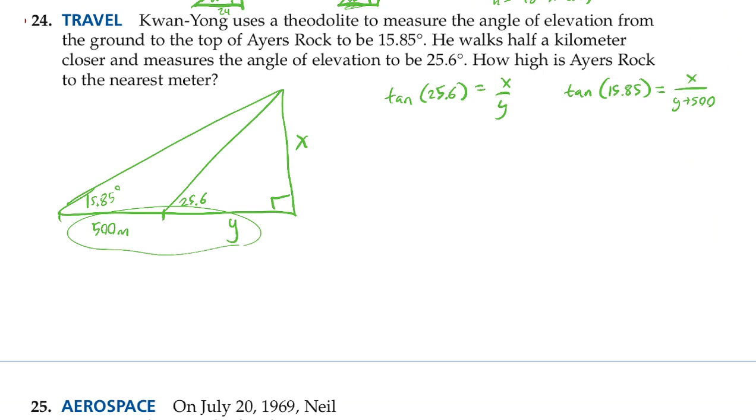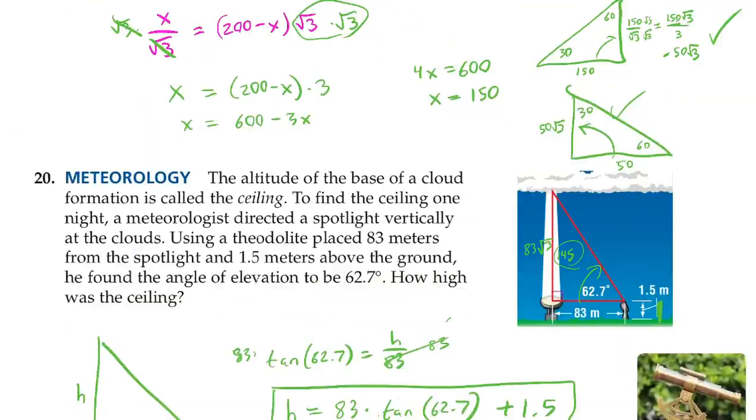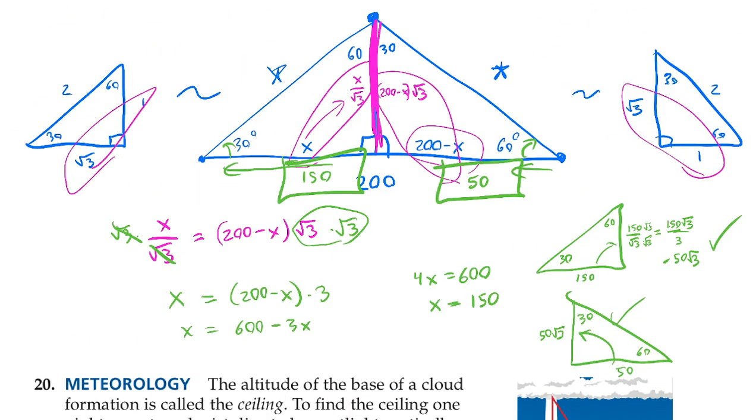So let's multiply to isolate the x. So in the first equation, multiplied by y, we get x equals y times tangent of 25.6. We're doing the same thing we did in this problem up here, where we wrote this height in two different ways in relationship to x.